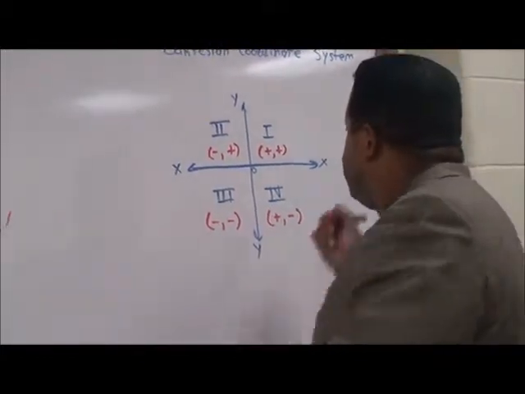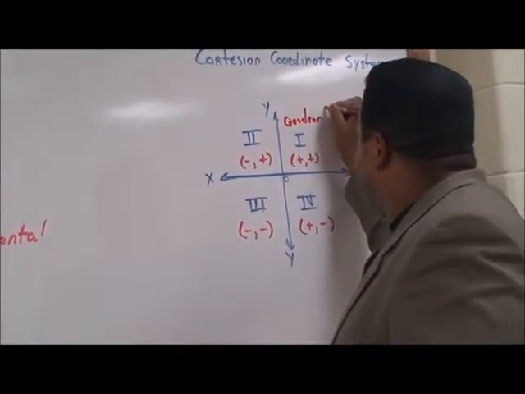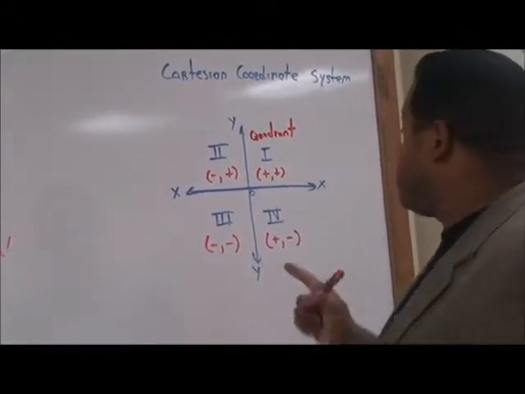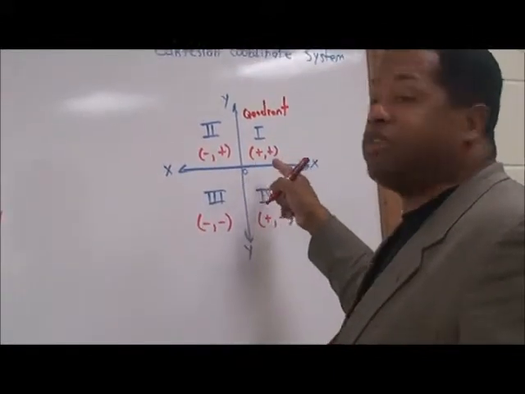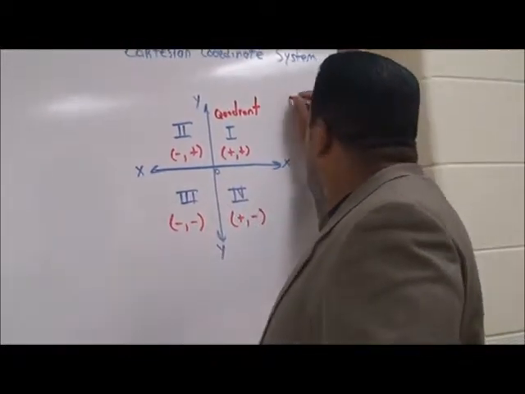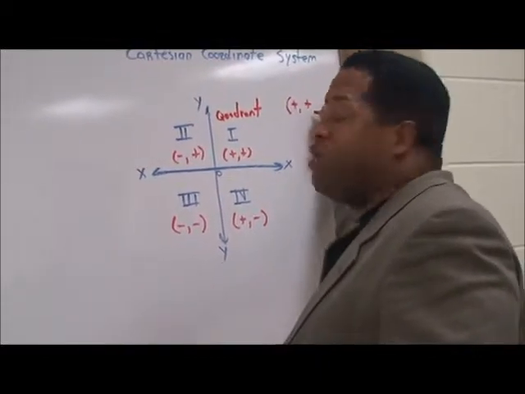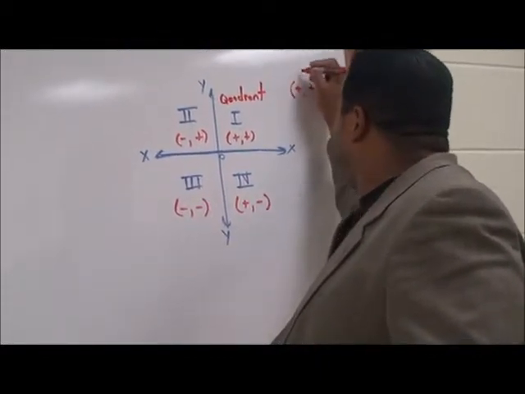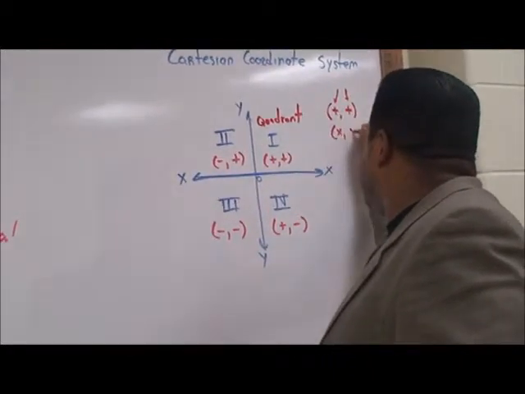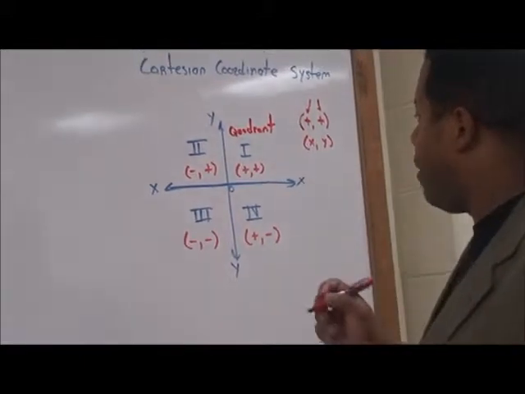If any angle or any point lies in this portion, this is the first quadrant, and it's positive. These ordered pairs symbolize the x value and the y value, meaning this will be x and this will be y. We will really get into detail of what these are all about.